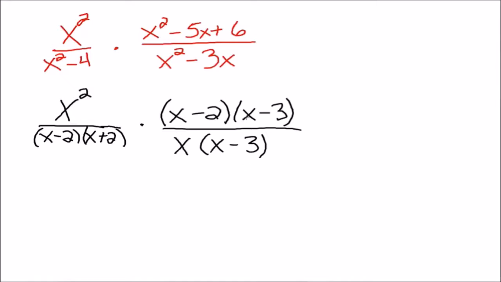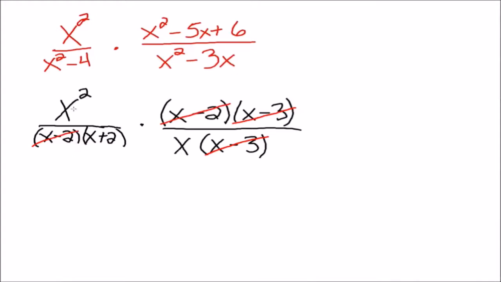Well, we can see right here that we have an x minus 3 in the top and an x minus 3 in the bottom. Well, those divide out and leave behind just a 1. So they go away. And then we notice, oh look, we've got an x minus 2 here and an x minus 2 down here. Well, those also will divide out and leave just a 1 behind.